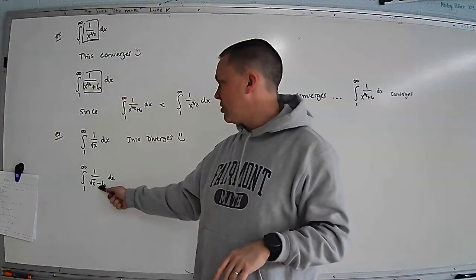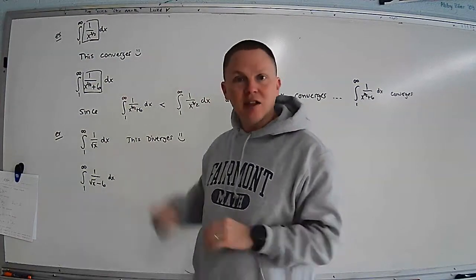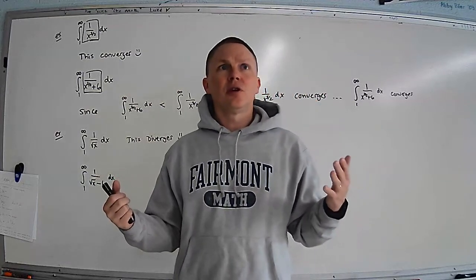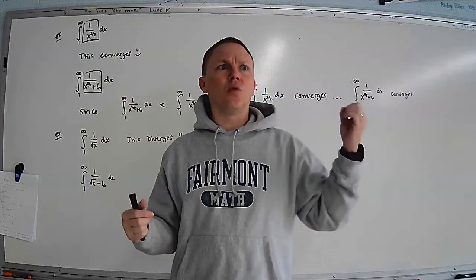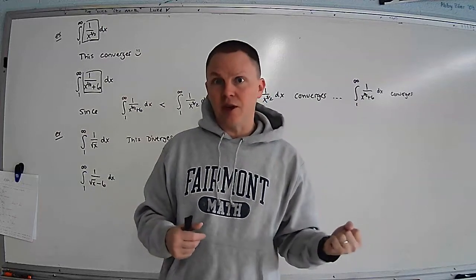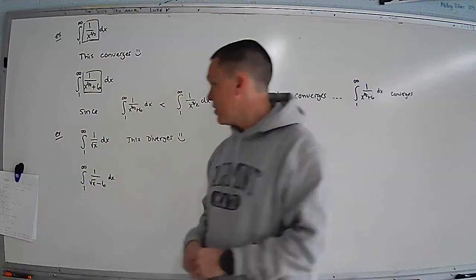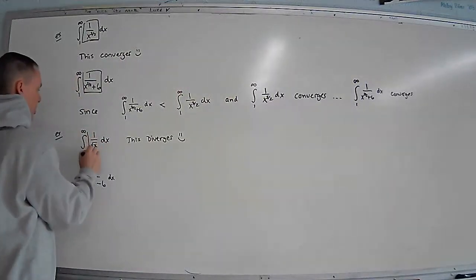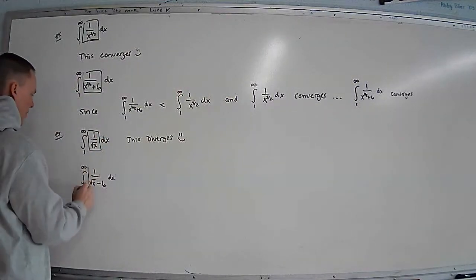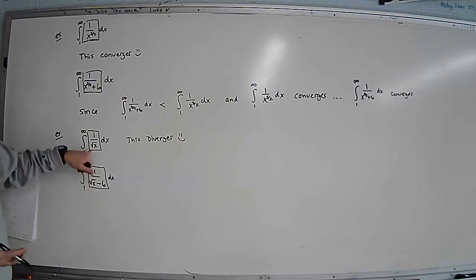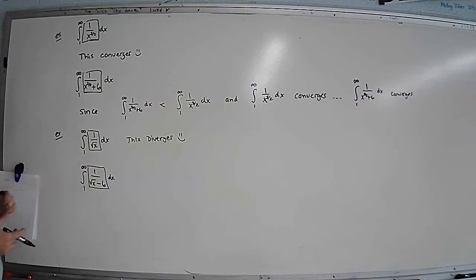This denominator is always less than that denominator for all values of x. So what happens if you're comparing two fractions and one has a smaller denominator? It's actually a larger fraction, right? If I were to graph this function and this function, this guy right here would be higher than this one for all values of x.